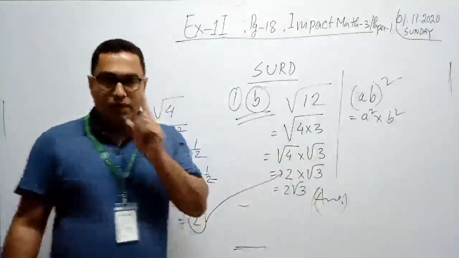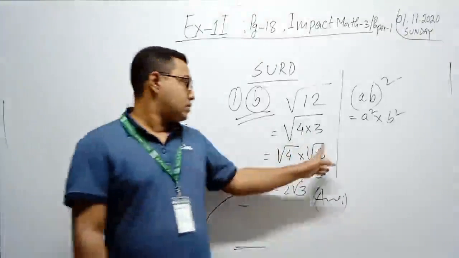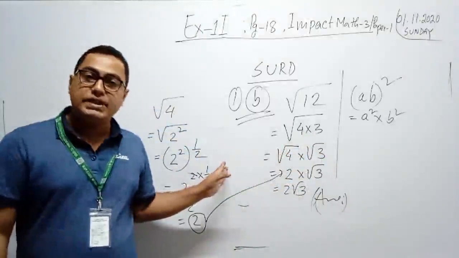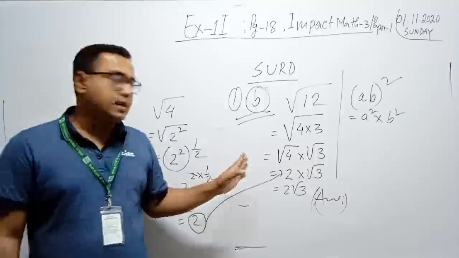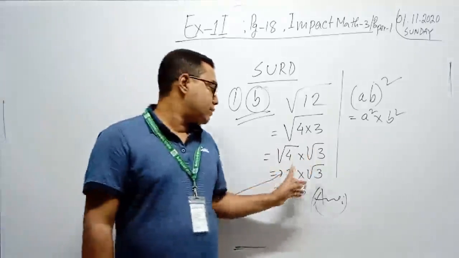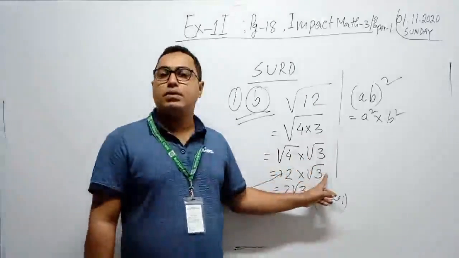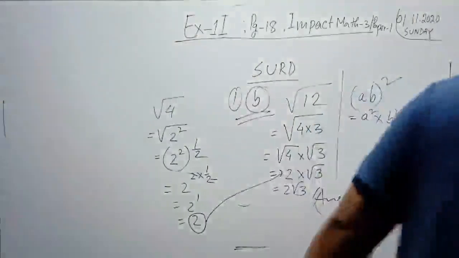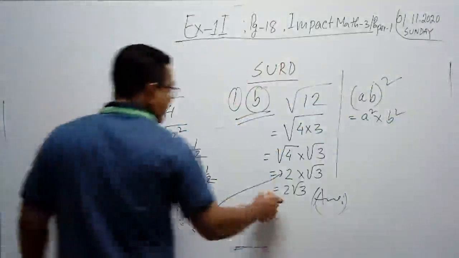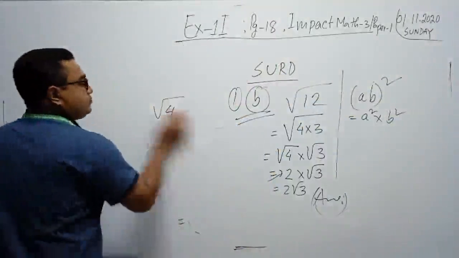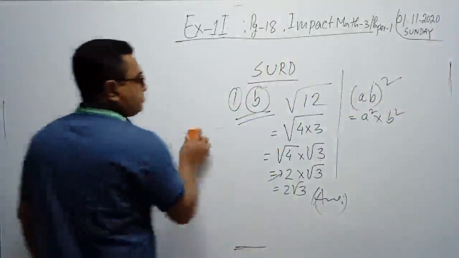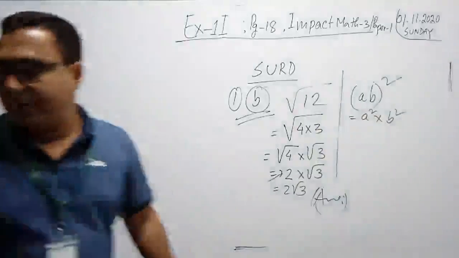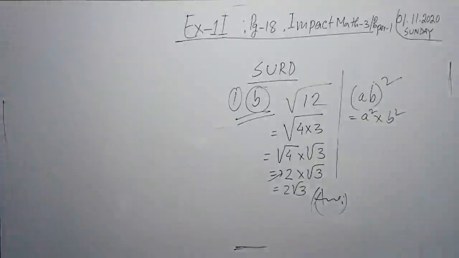You will have only one square root, and the other numbers will be coefficients. Coefficient means a number which is multiplied with the square root. This 2 is called the coefficient here. If you have any confusion, ask me the question.